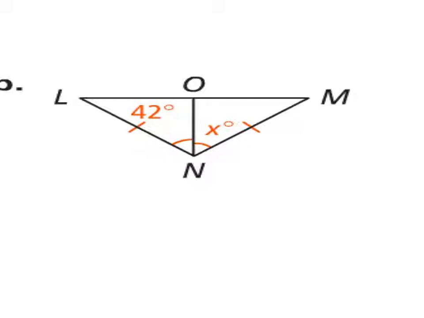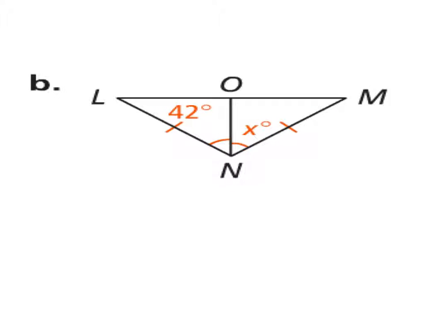All right, this one's a little bit different, this letter B. Okay. So the 42 degrees is this angle right here. Okay, so that's where the 42 degrees goes. Now, if you look, I see three total triangles. I see the two small ones, and then I see the large one. The large one is an isosceles triangle, because these two sides are equal to each other.